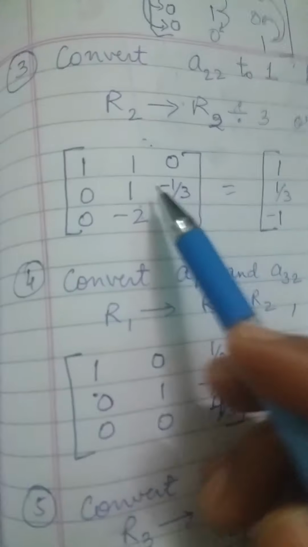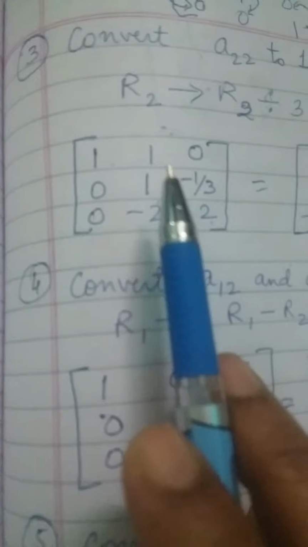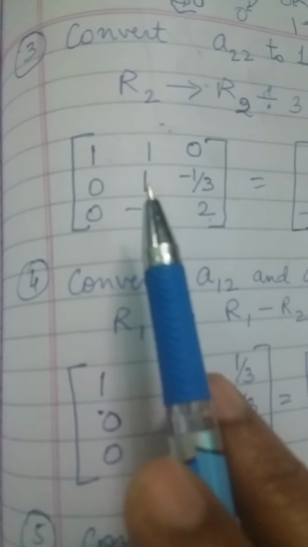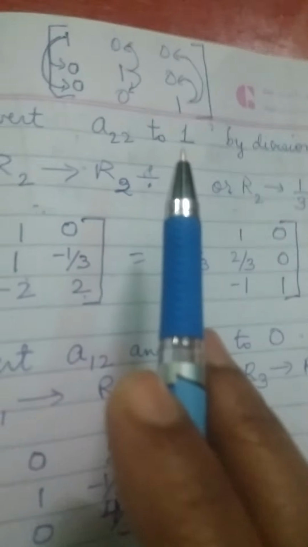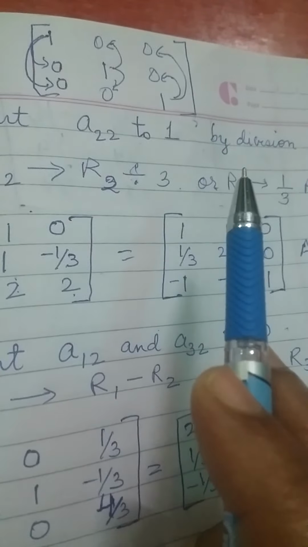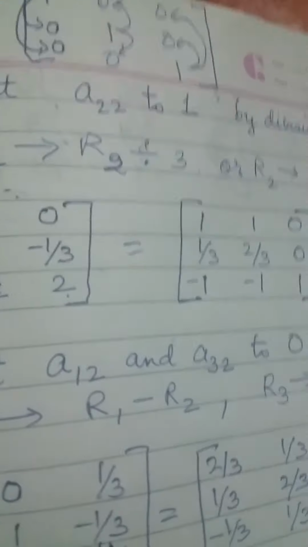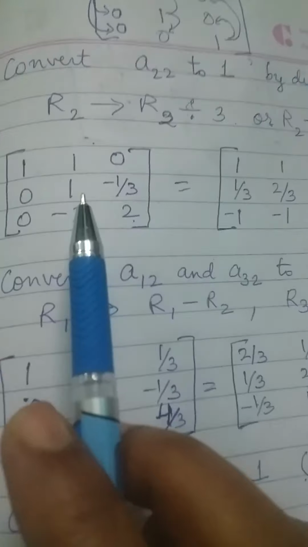Now we will come to the next step. Next step will be to make 1 in A22 position, means convert A22 to 1, but this will be done by multiplication or division preferably. So we notice that we have here the element 3.